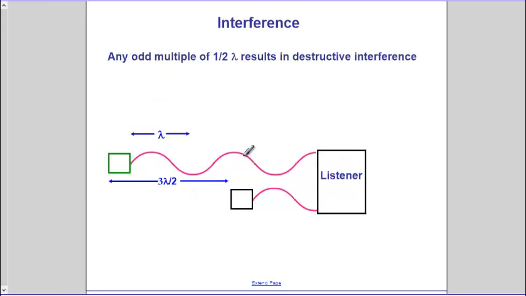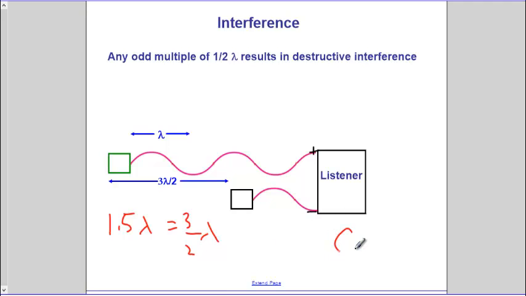Another possibility for destructive interference is not being off by 1/2 of a wavelength, but being off by 1.5 wavelengths, which corresponds with 3/2 of a wavelength. And again, if you look at how these waves will arrive at that location, we end up with a positive amplitude and a negative amplitude.